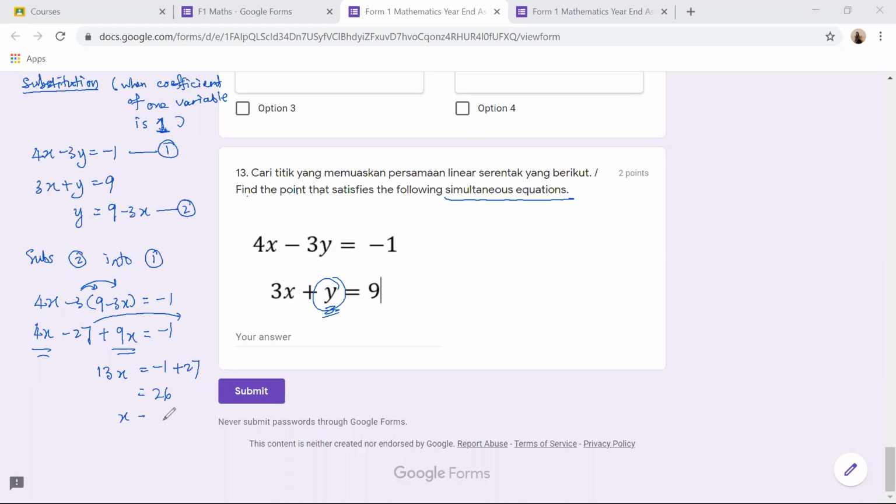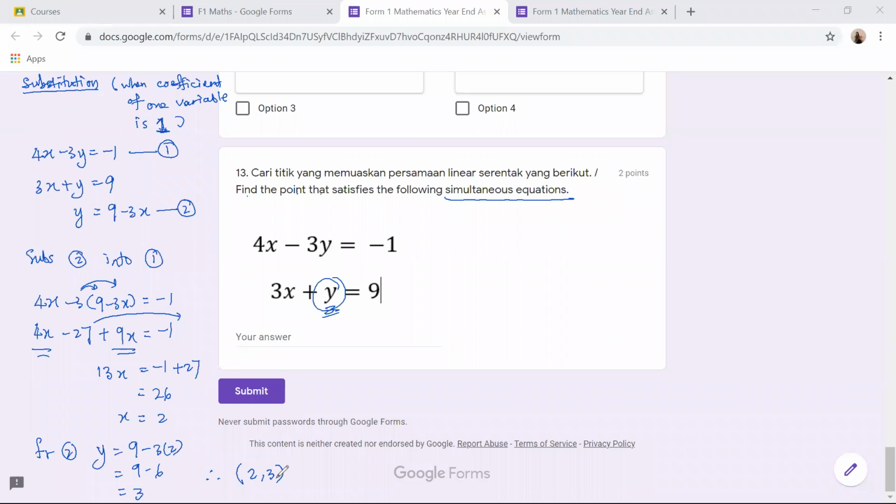Therefore x equals to 2, right? 26 divided by 13 gives 2. Then from equation 2, y equals to 9 minus 3 times 2, so 9 minus 6, the answer is 3. Therefore, our coordinates will be (2, 3).